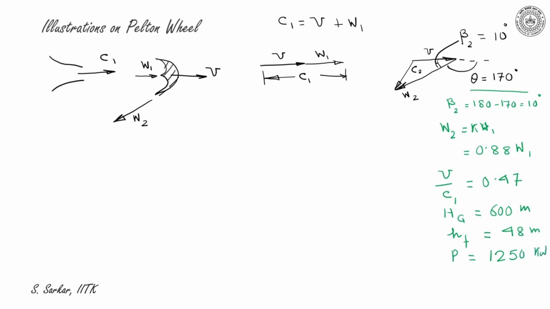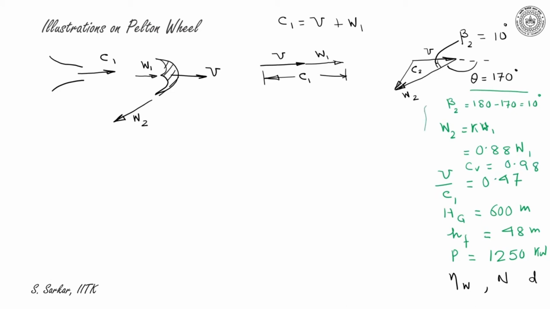Now we need to calculate efficiency of wheel, rotational speed, and diameter of the jet, right? Furthermore, CV is also given as 0.98.